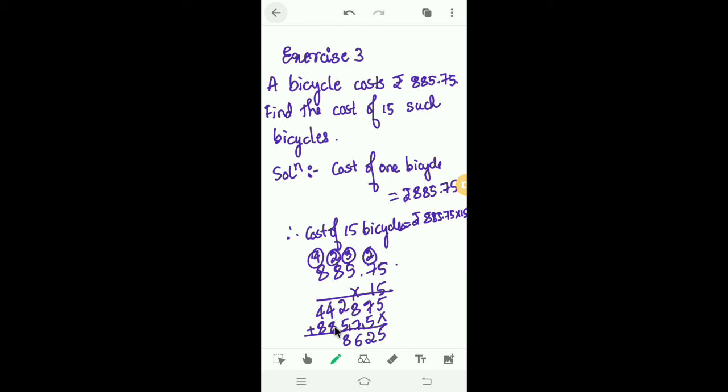Next 4 plus 8 is 12, so I will write 2 here and 1 carry. 4 plus 8 is 12, 12 plus 1 is 13. So the answer is 13,286 rupees 25 paise.